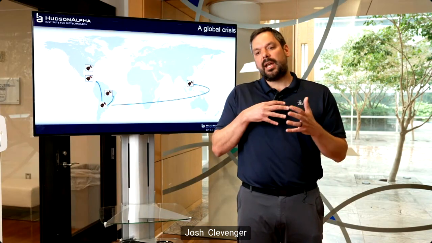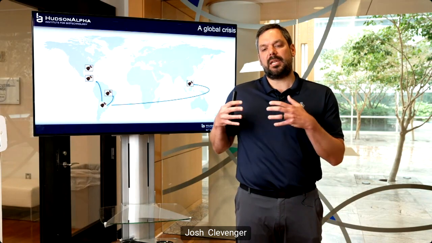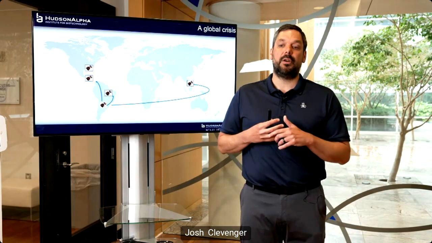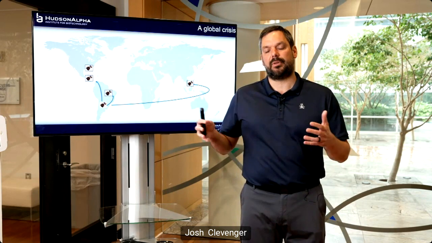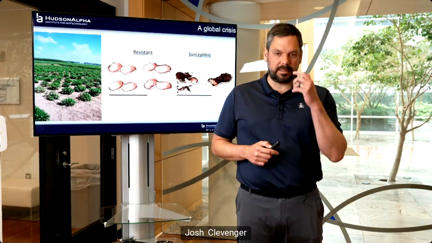And so when the disease was really getting bad about 10 years ago, it was clear that because most of the peanuts grown around the world were susceptible to this disease, this was going to be a major global crisis for peanut, for all the things that are made with peanuts, even in commercial products, or those folks that are growing peanuts for their own consumption all around the world. So we really needed to have an extremely good tool to combat peanut smut resistance.